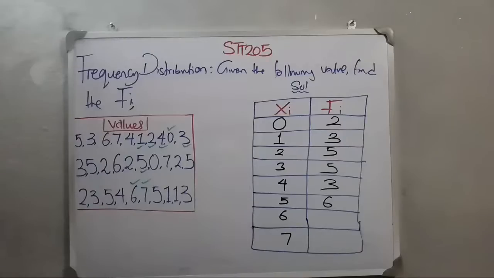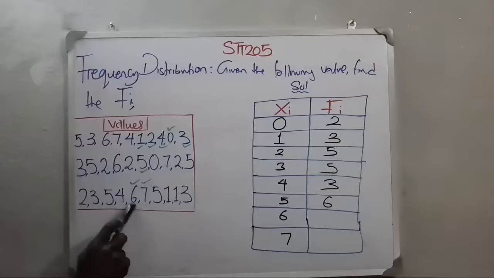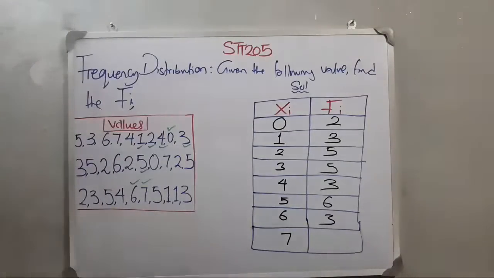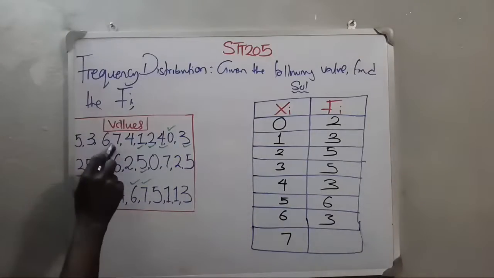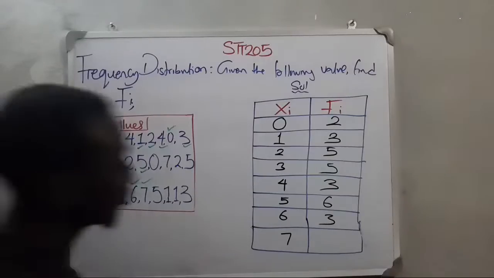Now for 6, what do we have? We have 1, 2, 3. For 6, we have 3. And for 7, we have 1, 2, 3 as well.